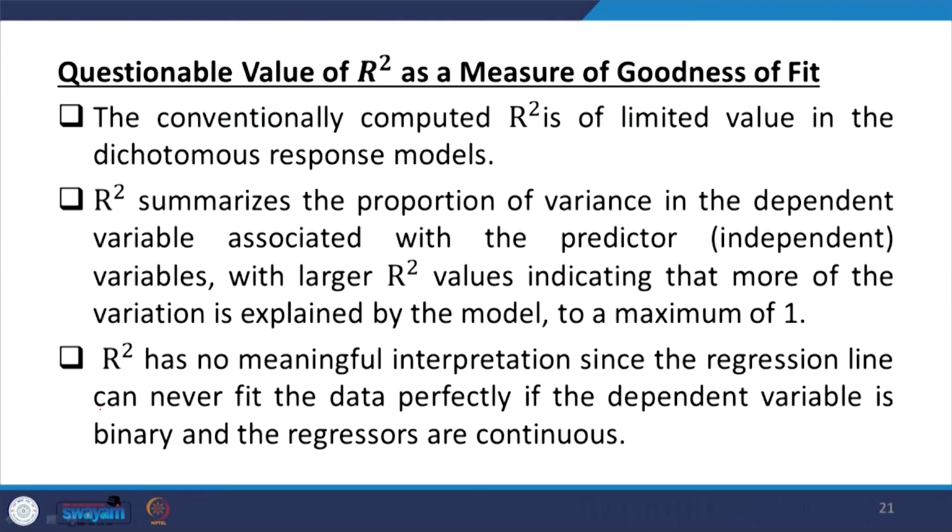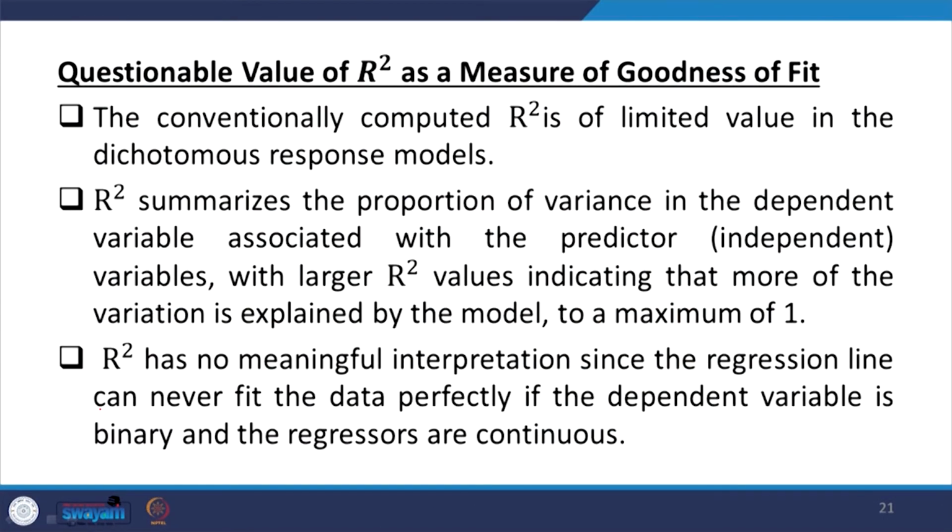If you remember from the trend line, ESS is the distance from the trend line to the population mean, which is all about the variance explained, and the total sum of squares is basically the difference from the population average. Now, conventionally we compute R square even in the dichotomous response models.